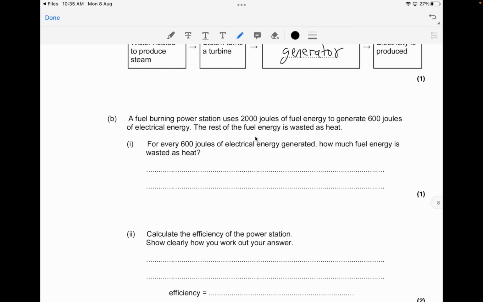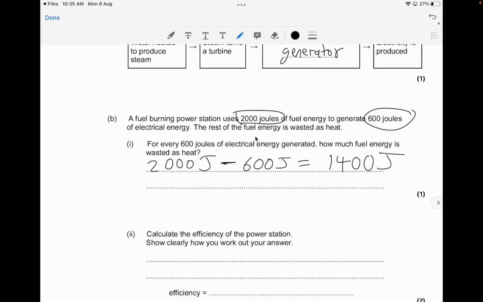So you're going to have 2,000 joules, subtract 600 joules. Since we know that the useful energy combined with the wasted energy makes the total energy supply, we know that 2,000 minus 600 is about 1,400 joules. Now this is going to be our answer for 1 mark.